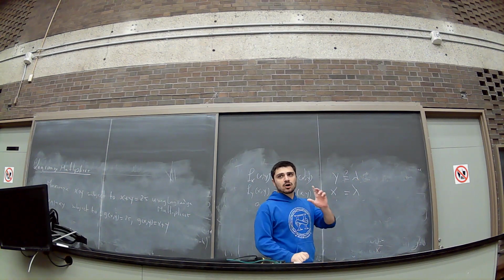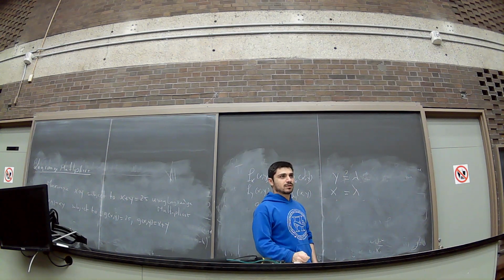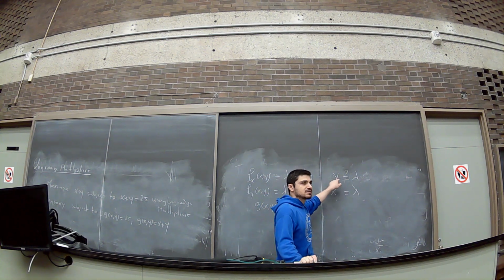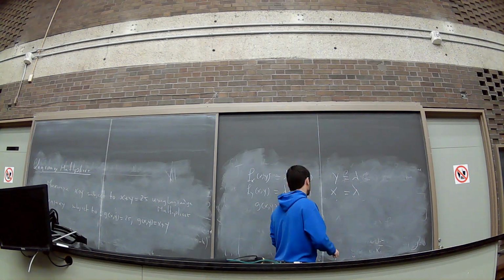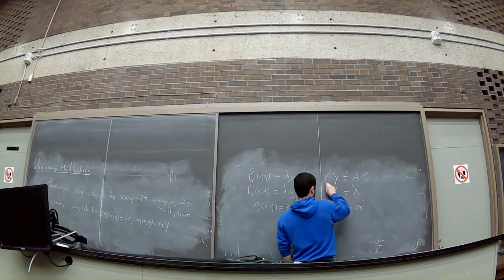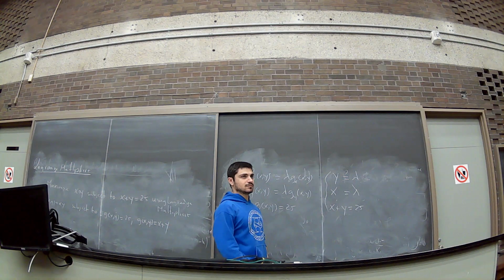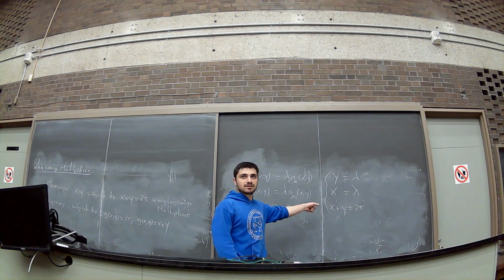Now, you remember at the optimal value, what did we get? We get that x is equal to y, right? Do I have here that x is equal to y? x is equal to lambda, y is equal to lambda. And then what do you have? You have x plus y is equal to 25. How do you find the values of x and y? Can you find them?